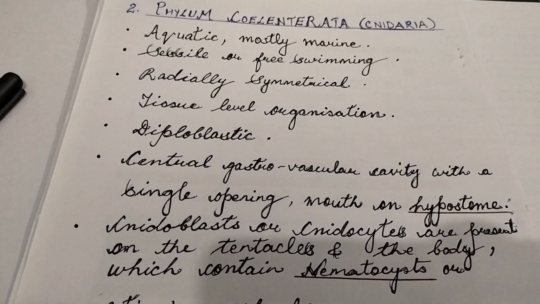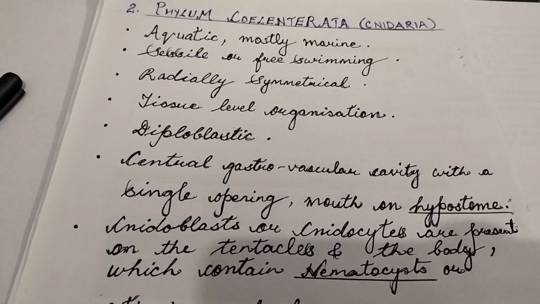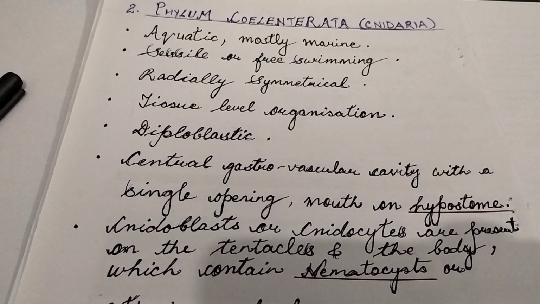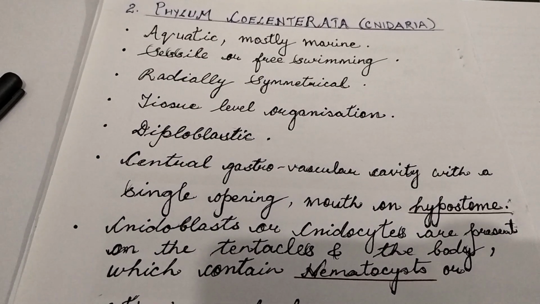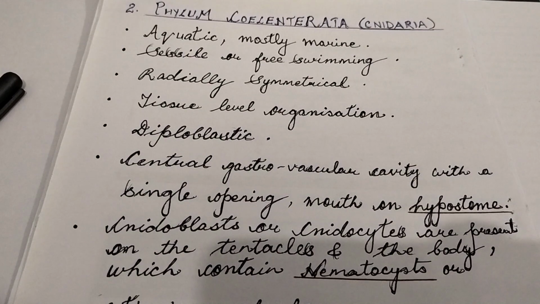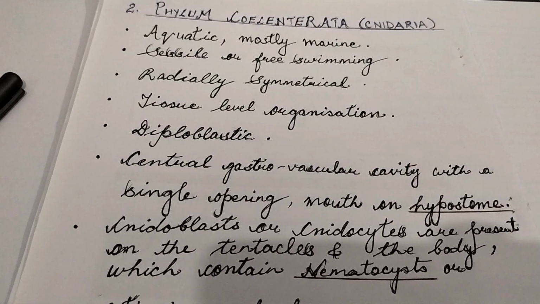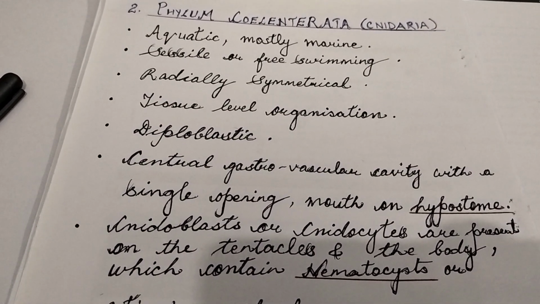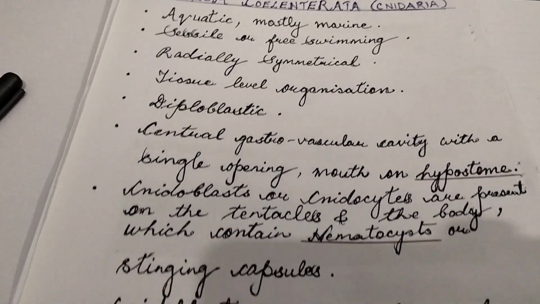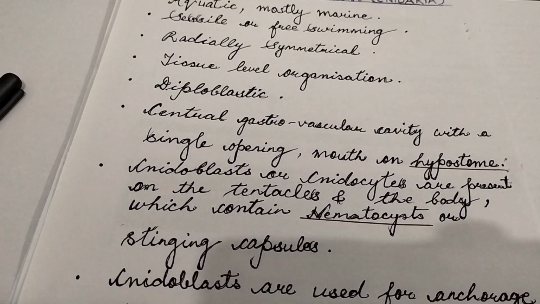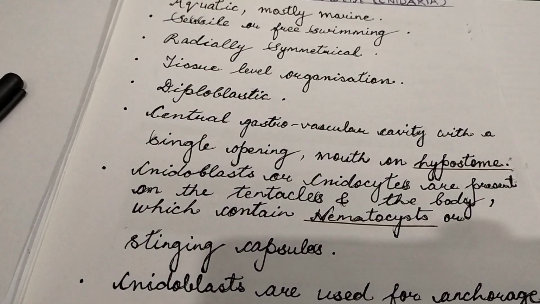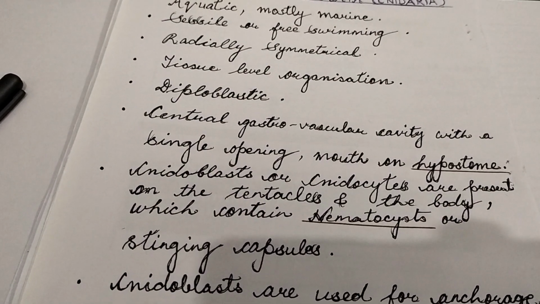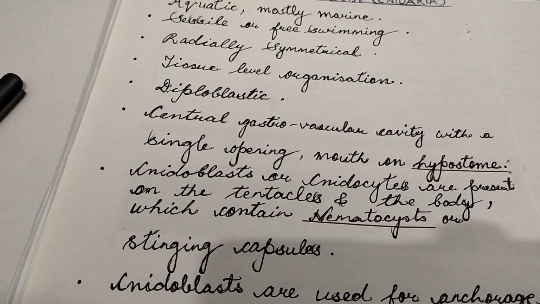Locomotion and also the capture of food. So their tentacles bear specific cells called cnidocytes or cnidoblasts, and these cnidocytes or cnidoblasts contain nematocysts. Remember all these things. New terminology is coming to you. This is the specific character of coelenterates.